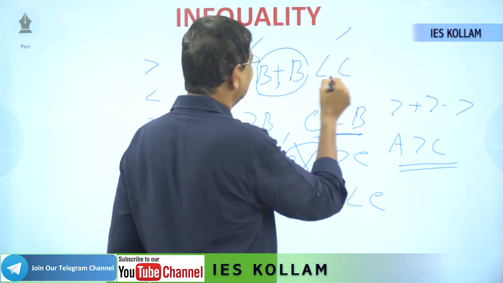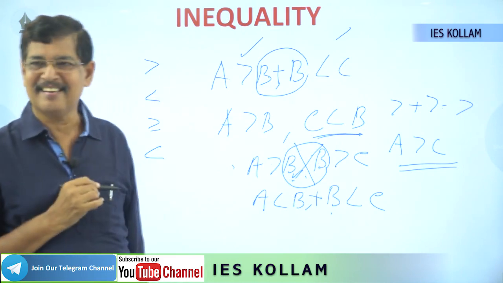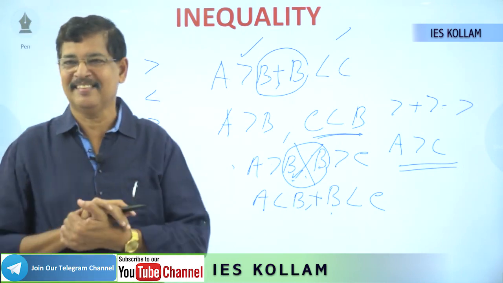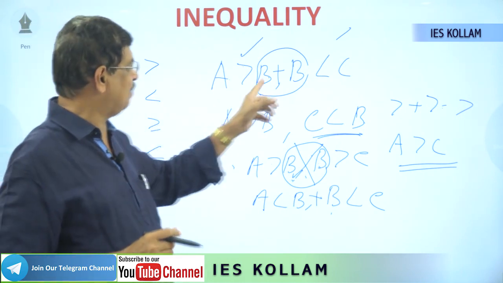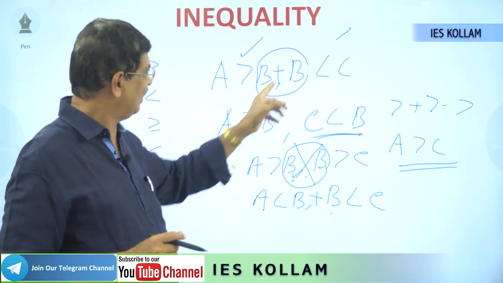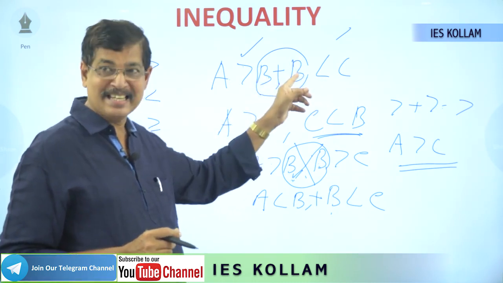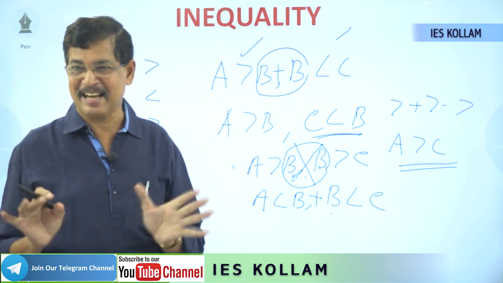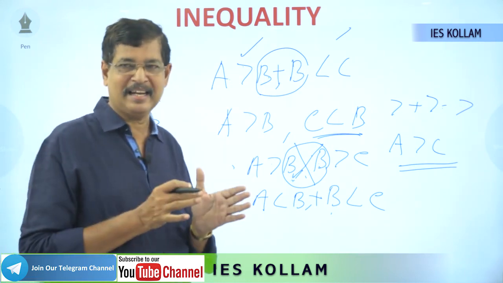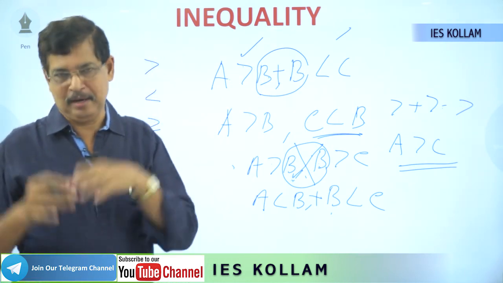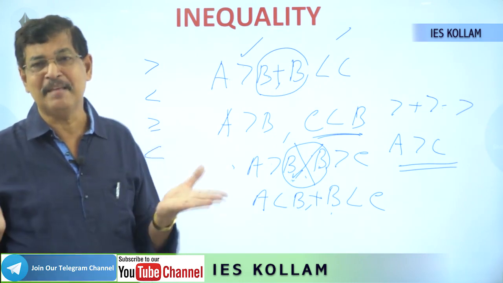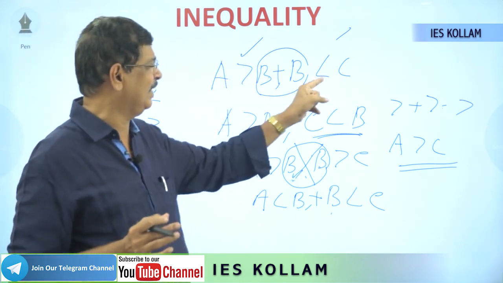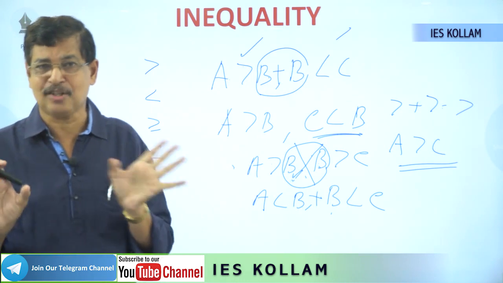If this arrow goes this way, lesser, we can never combine, because A greater than B, B is lesser, and B less than C, B again is lesser. Two lesser terms can never combine. One should definitely be greater, the other lesser. We consider only the direction of the arrow symbol.